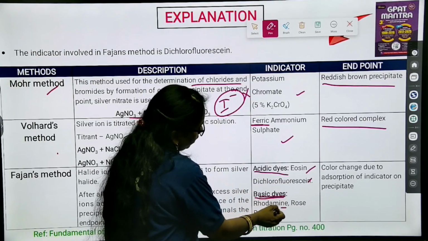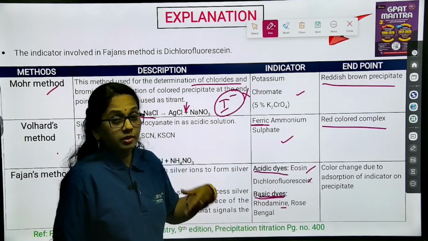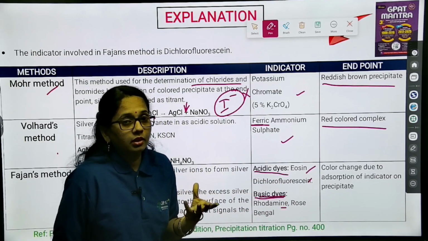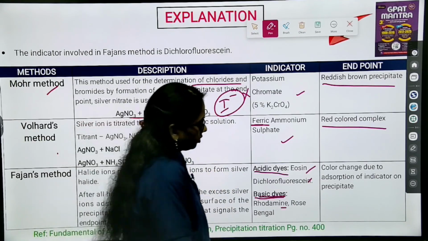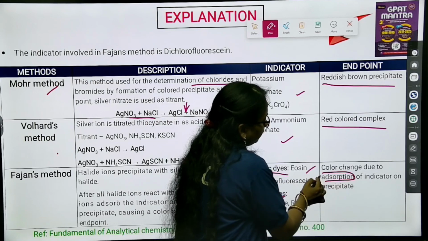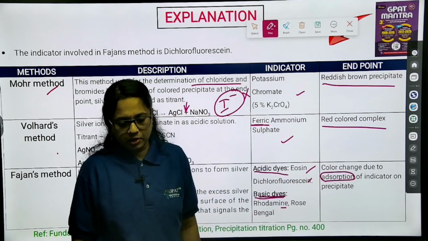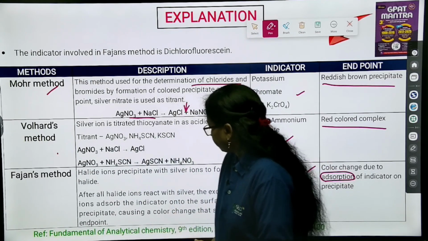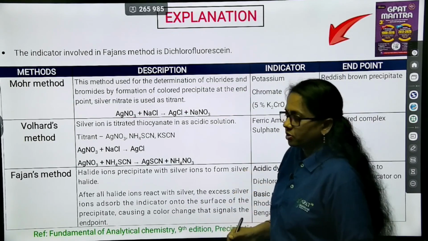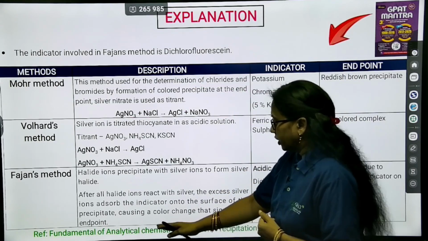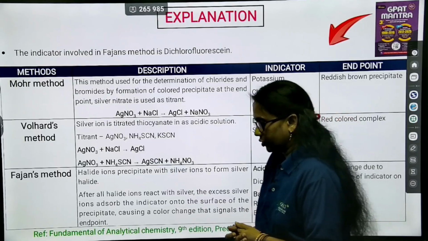Basic dyes means rhodamine, rose bengal, all these. That means the colors in the form of dyes are used, and adsorption is the phenomenon that takes place. In all the textbooks you are going to find this in fundamentals of analytical chemistry.